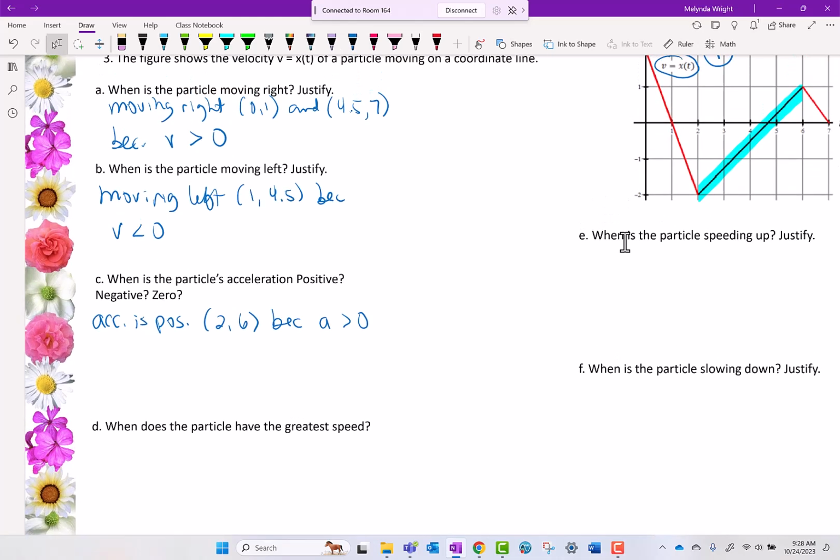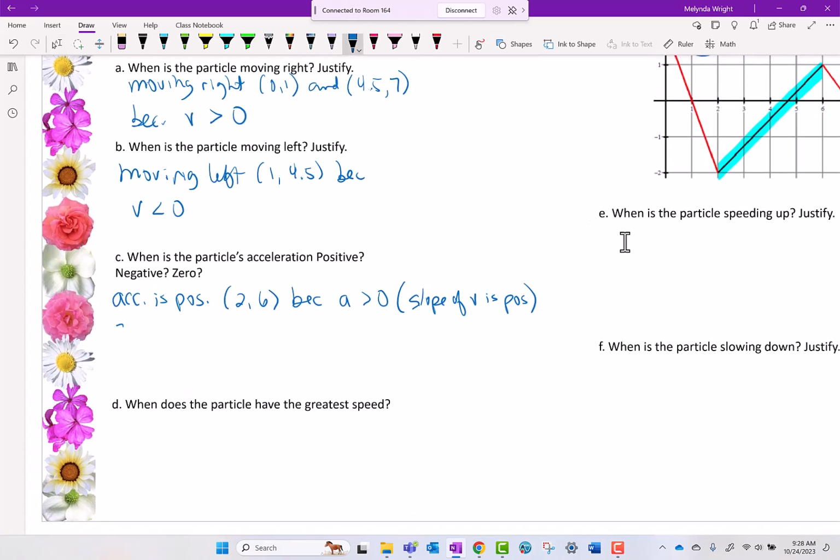Now, when we get to other uses of this, we're going to have to use a different technique. I'm just saying for justification, which is probably why they're not asking us to justify. But I just want to have it in our head. How do we know that? Because acceleration is positive. The slope of velocity is positive.